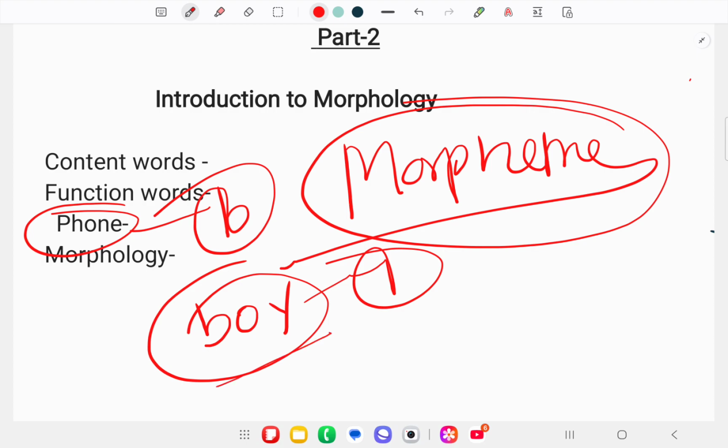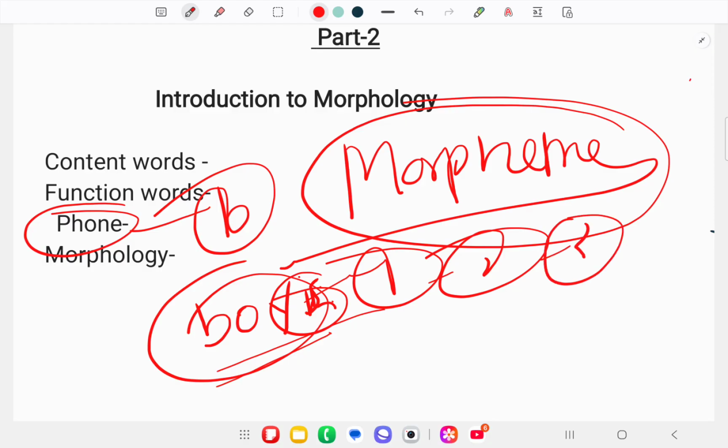When we attach ish, we have two meanings. If we attach the suffixes to make boyishness, then there are three meanings. This means that two different morphemes may be pronounced identically.